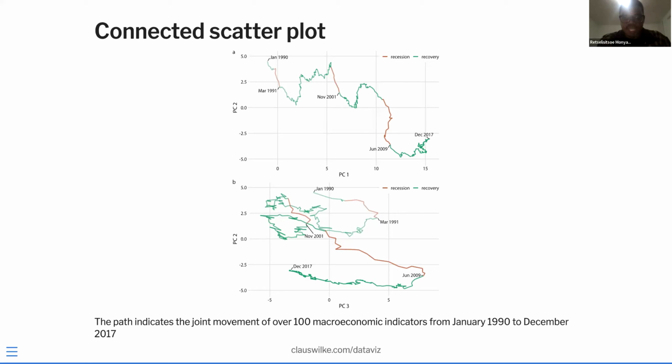Like here, as the author pointed out, I think he said you can see that PC2, for example, is associated with the overall economic change. But I guess it's not as intuitive, and I doubt this is a graph that would be made for communication. It's probably a graph that would be used in EDA.